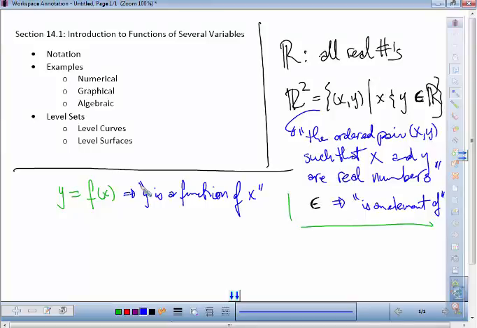The independent variable would be the input. And then your output is the dependent variable, which gives you a value.